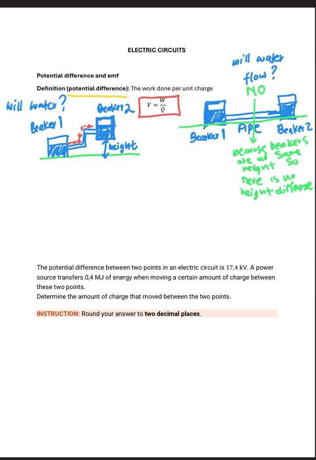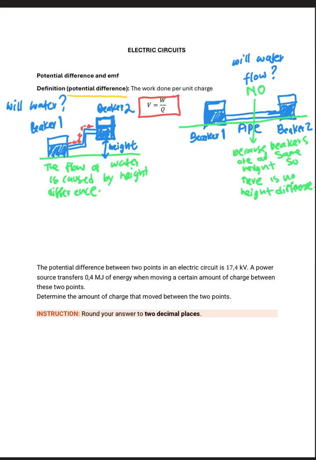The flow of water is caused by what? The flow of water is caused by height difference. Height difference is what causes the water to flow, because now there is a height difference, the water is able to flow.